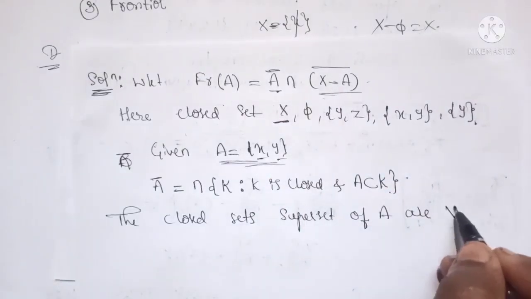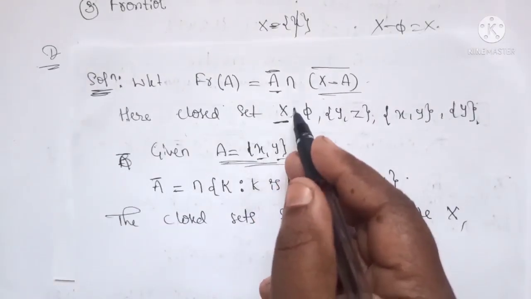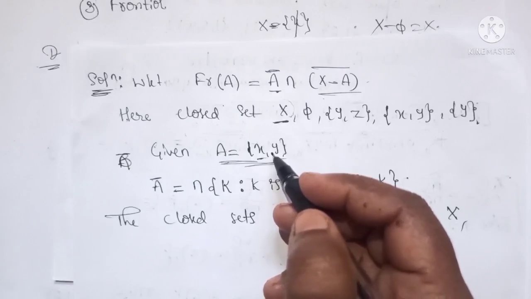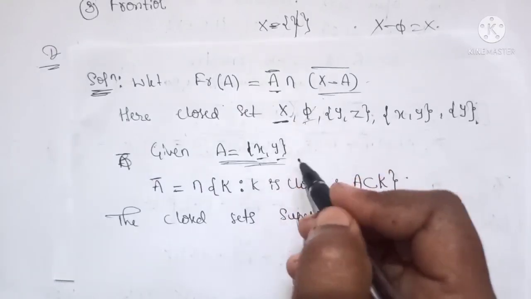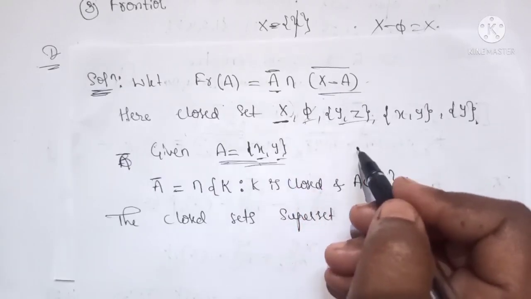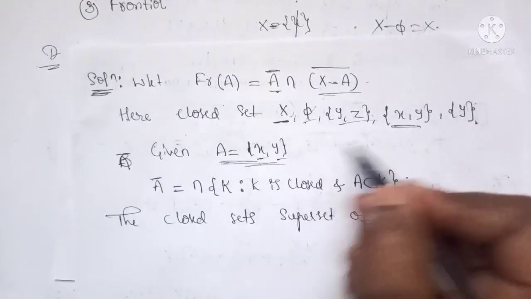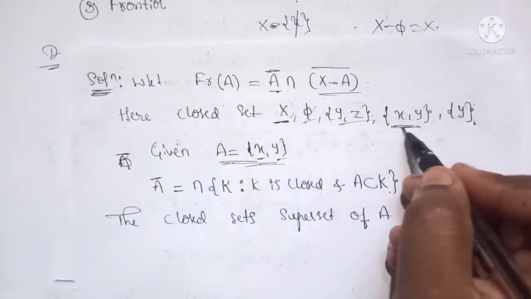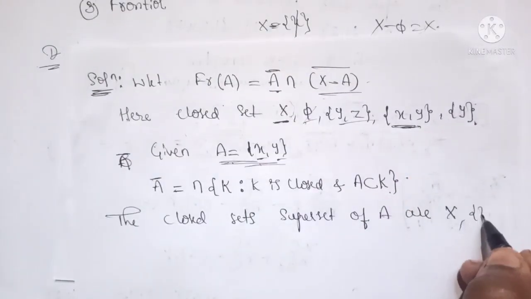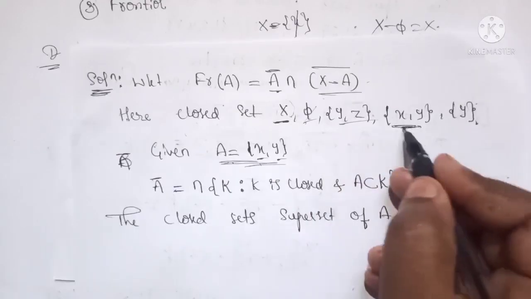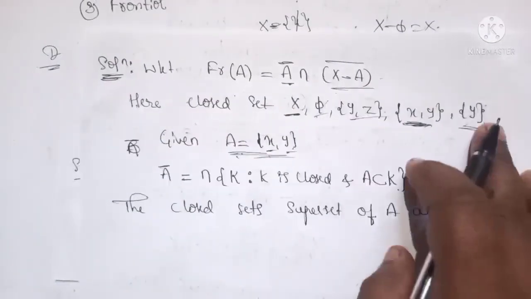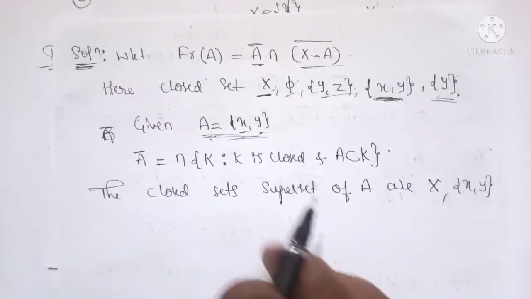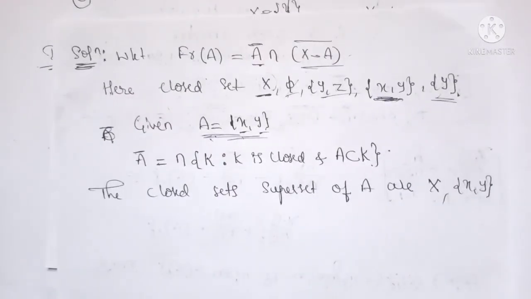Because this X is a superset of all the subsets, and here the null set we don't consider. So you can observe that this A is a subset of {x, y}. We take {x, y}, so this is a superset of A, and this is not a superset, this is a subset of A. Here we are considering supersets.